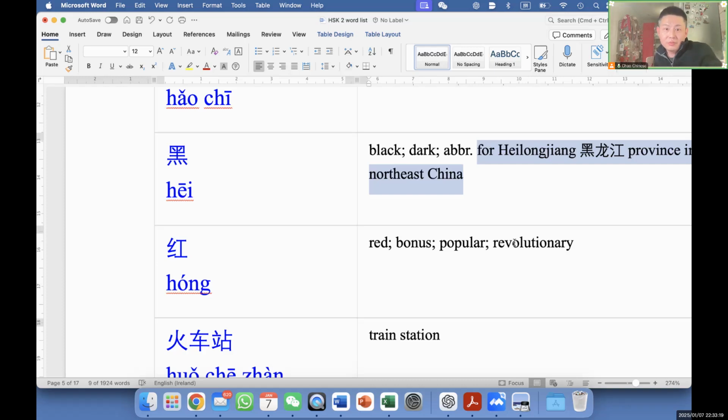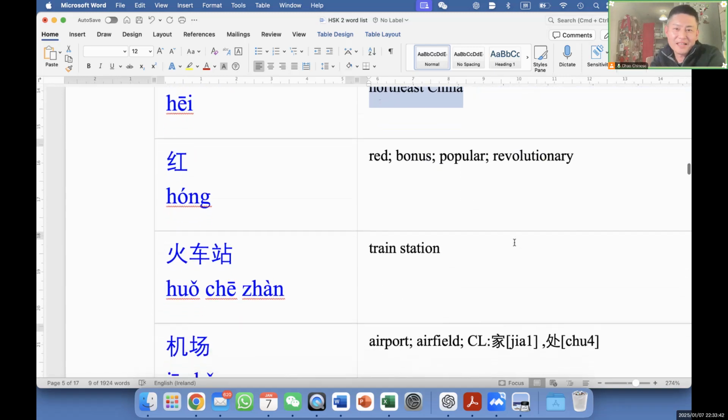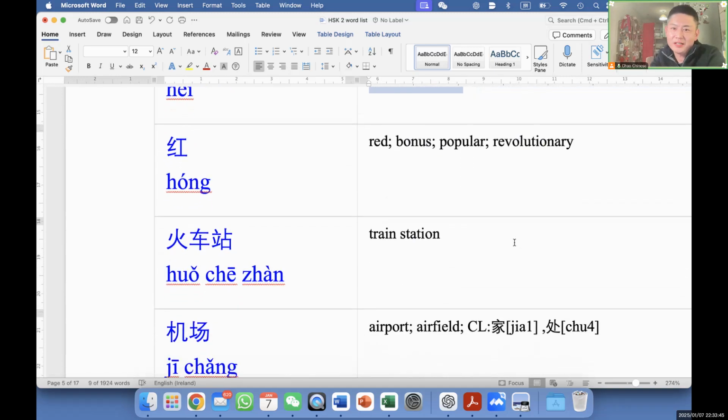And black is also not right. In the Chinese language we use 黑 to mean those bad guys, black sheep in the Communist Party or in the country. Interesting how we use colors to express different meanings.